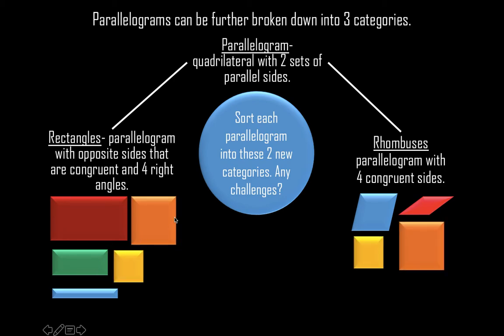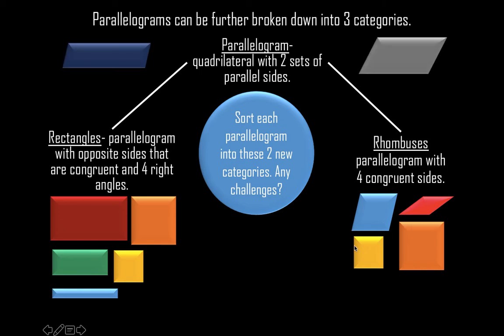Now, squares, this orange square and the yellow square, both of these can be considered rectangles or rhombuses. If we look at the definition of a rectangle, it says a parallelogram with opposite sides that are congruent. So the sides of a square are equal, and it has four right angles. So squares can fall into the category of rectangles, but squares can also fall into the category of rhombuses because they have four equal sides.